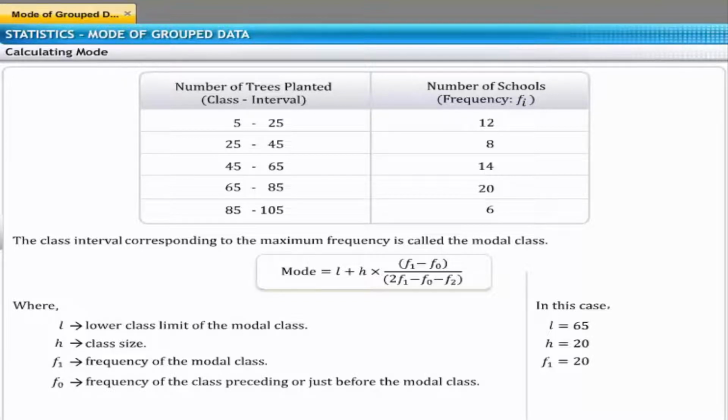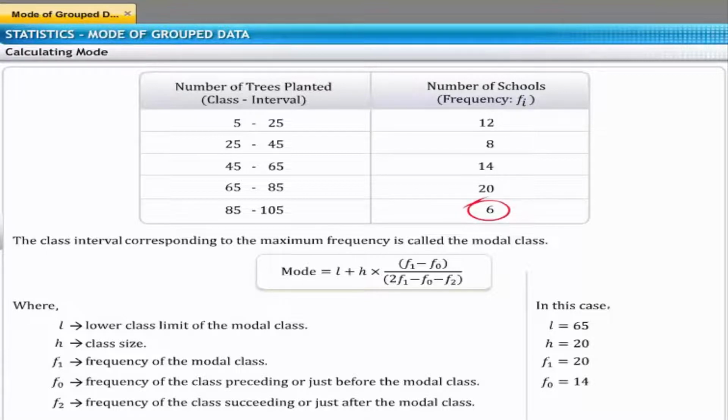In this case, the class preceding the modal class is 45 to 65 and its frequency F0 is 14. Finally, in the formula for mode, F2 stands for the frequency of the class succeeding or just after the modal class. In this case, the class after the modal class is 85 to 105 and its frequency F2 is 6.